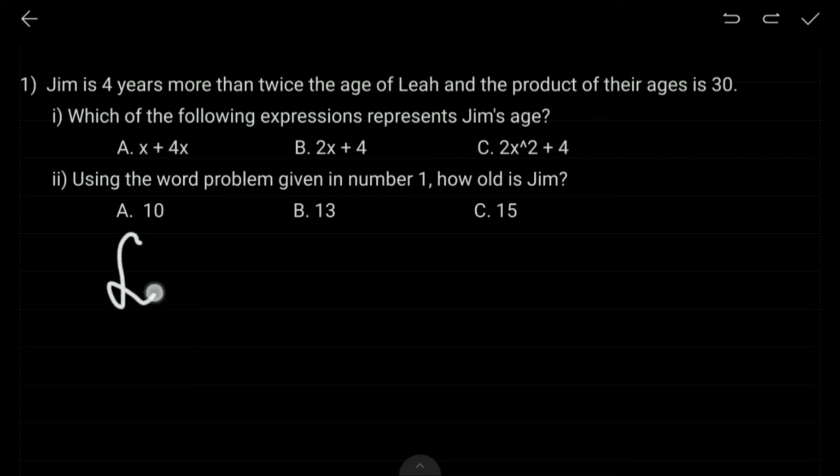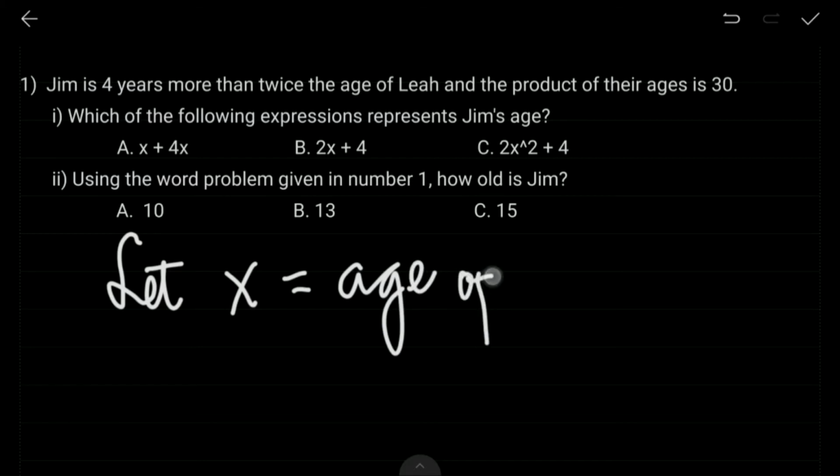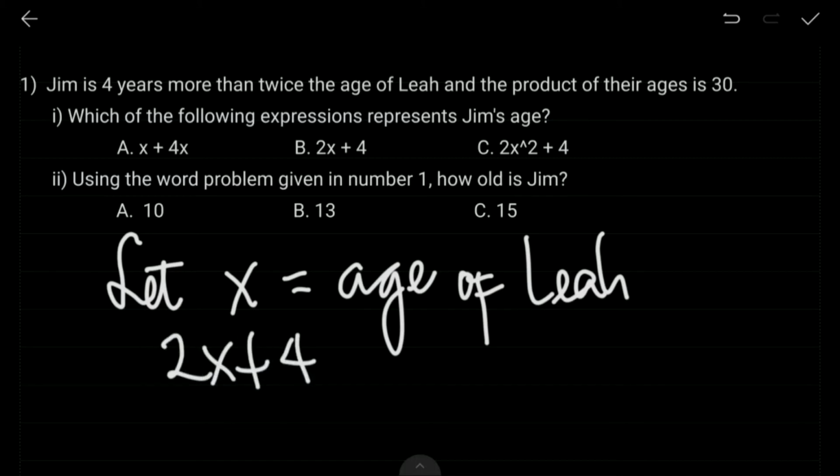Let x equal the age of Leia and 2x plus 4 is equal to the age of Jim.